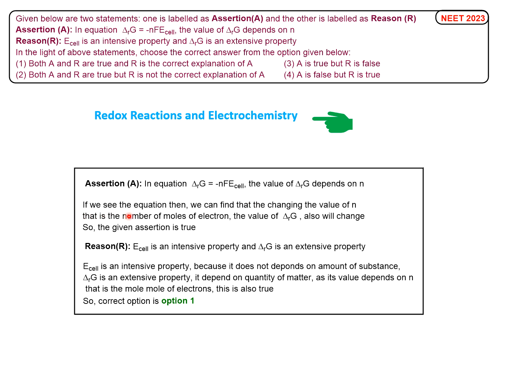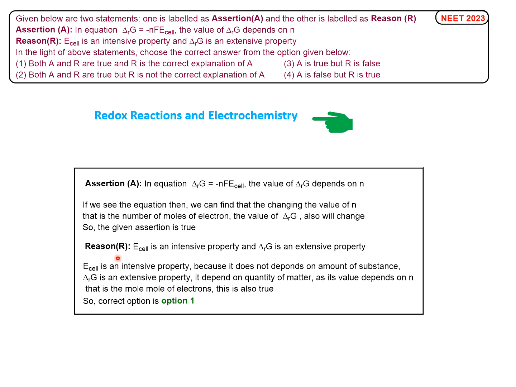If we change the value of n, that is the number of moles of electrons, the value of ΔG will also change. So the given assertion is true, that means this value definitely depends on n.